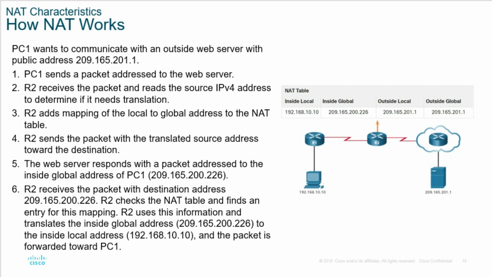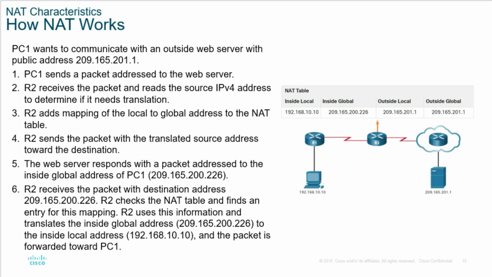So let's say for example we have PC1. The IP address is 192.168.10.10. Okay. So dia nak access this server with the IP of 209.165.201.1. So dia akan hantar a request lah.